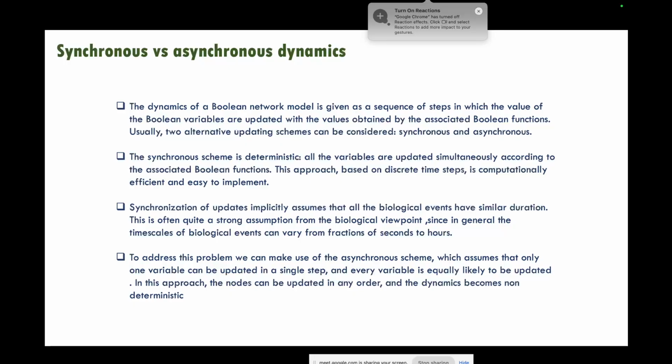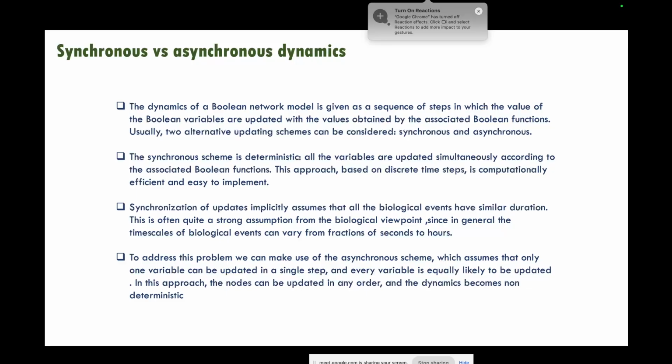The advantage is that you are almost mimicking a stable biological system, but the disadvantage is that you are updating only one variable in one iteration, and the result of the model can become non-deterministic because there is no guarantee that the solutions will converge.